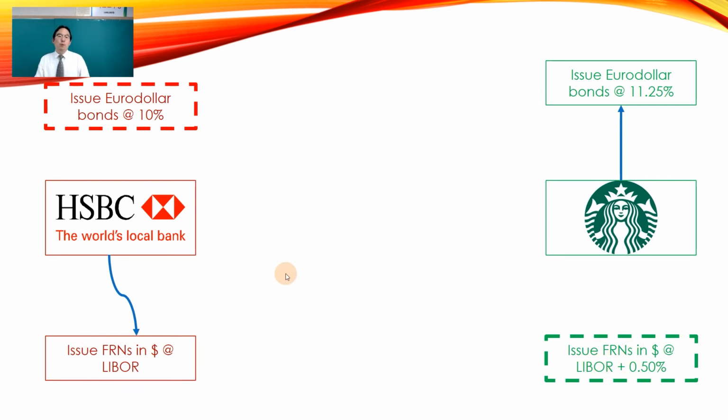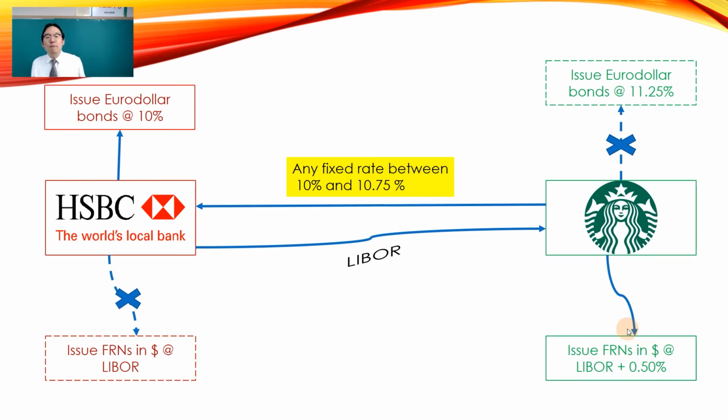So if both companies go to the alternative debt market, HSBC can borrow at 10% fixed. If Starbucks goes to the alternative market, they can borrow at LIBOR plus 50 basis points in the FRN market. Now what? It seems better that they go to the alternative markets and then swap.